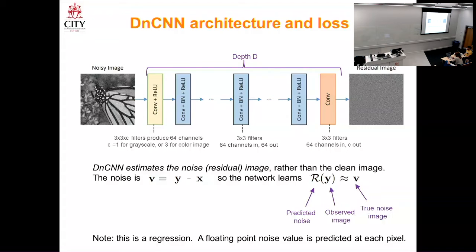And so this network, calling it R because it's a regressor, takes a noisy image in and produces the noise. You with me? So this is a regression, and we're going to predict a floating point value at every single pixel. Does that make sense?